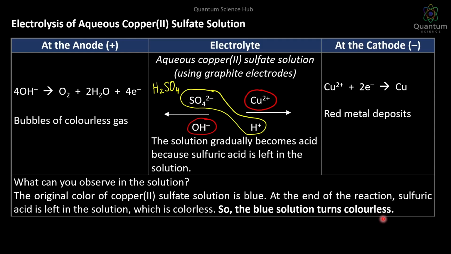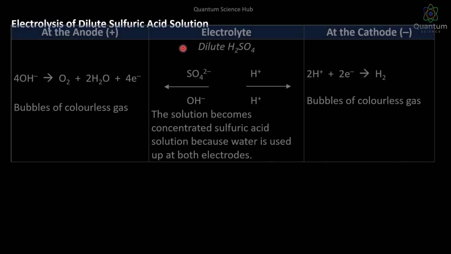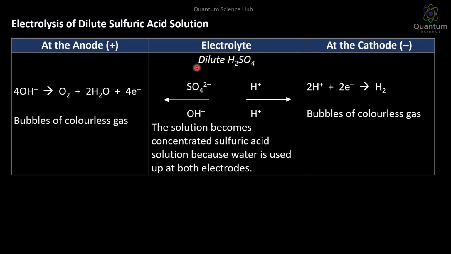Okay, that's it. Now let's talk about electrolysis of dilute sulfuric acid solution. Again, if we are using a dilute solution, OH negative is always chosen at the anode, right? So 4OH negative produces O2 plus 2H2O plus 4 electrons.